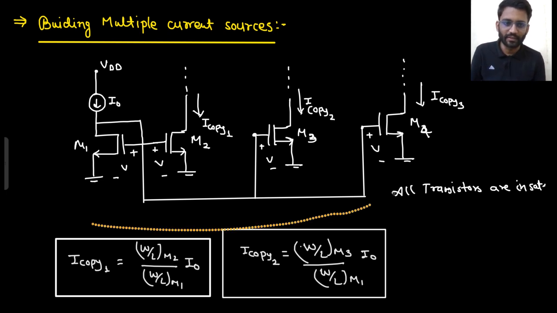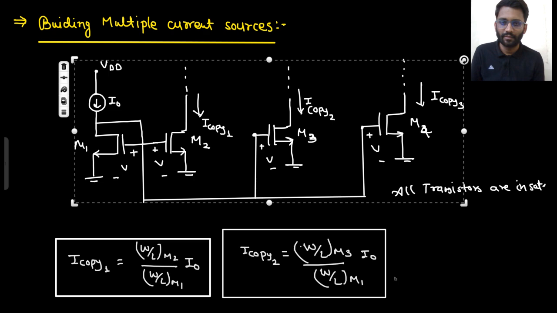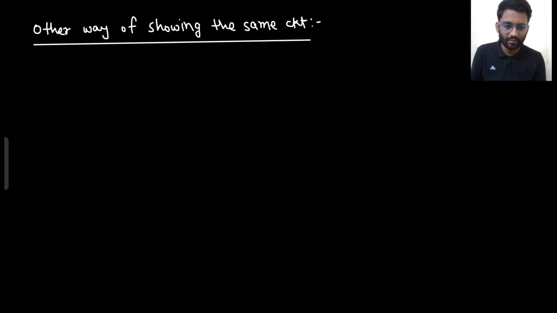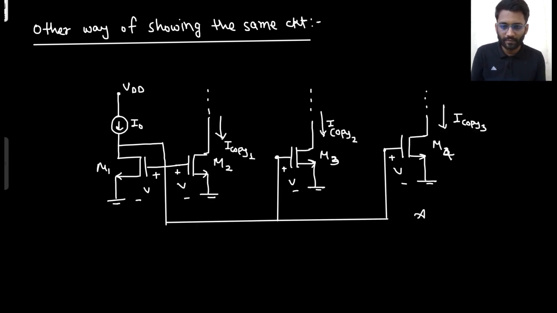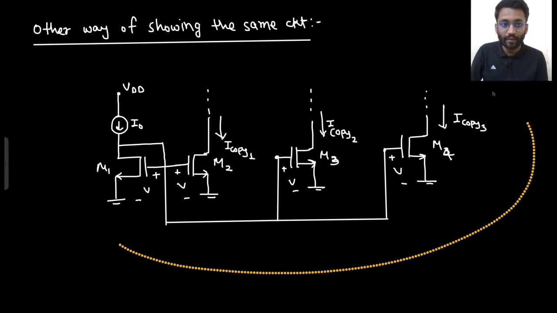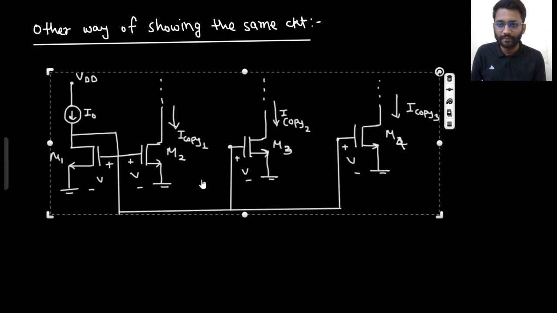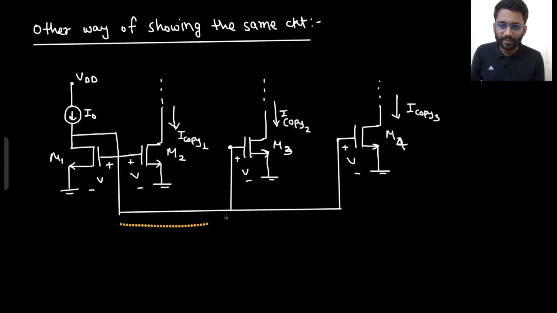Let's copy this circuit first. So these supplies will be gone. They will not make the connection like this.